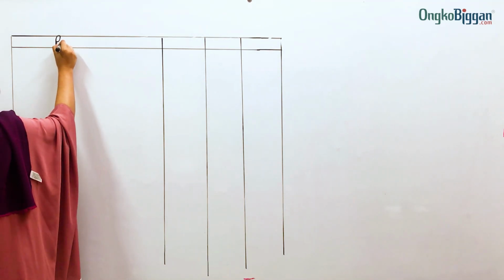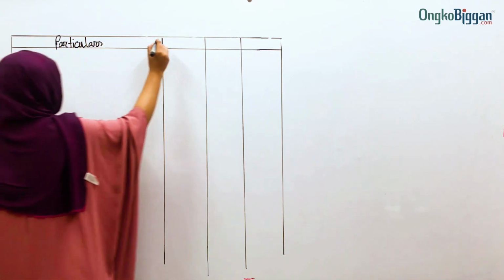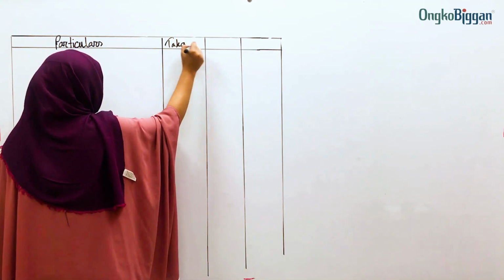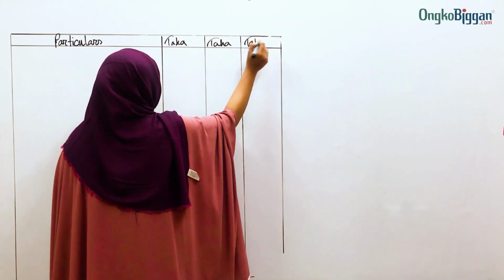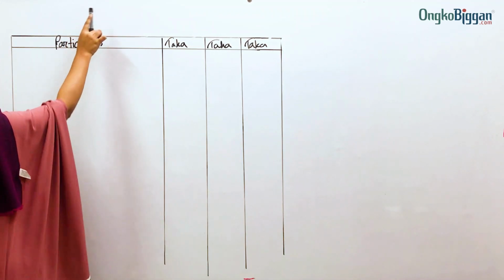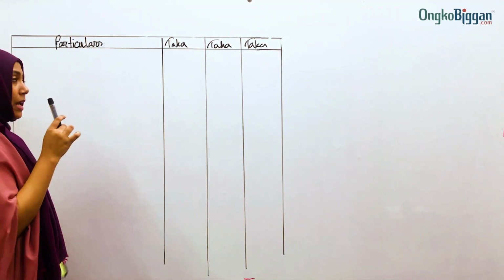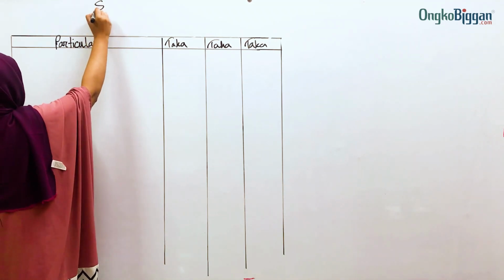First, we will have to write particulars, then taka, then taka, then taka as well. Okay. So over here, at the very top, we have to write the name of the business. The name of the business is Shimanta Food Products.